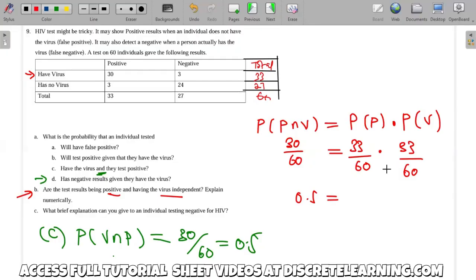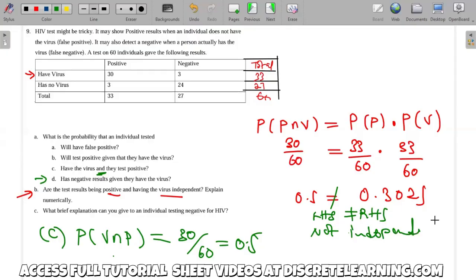If I punch this directly on my calculator, I'm getting 0.3025. So you see that the left and the right are not equal. If they are not equal, then we've shown numerically that they are not independent. So you say that since the right-hand side and the left-hand side are not equal, the two events are not independent. That would be your conclusion on this part.